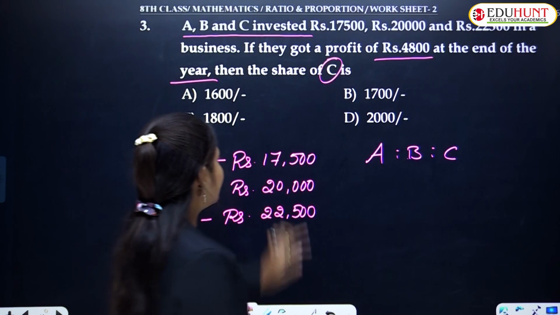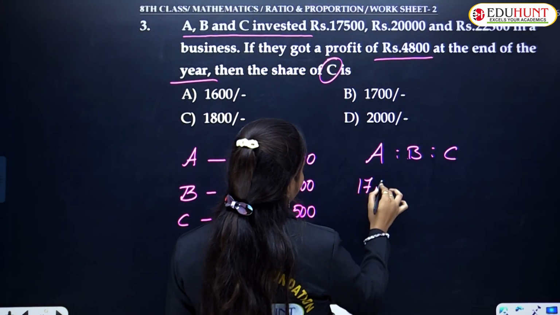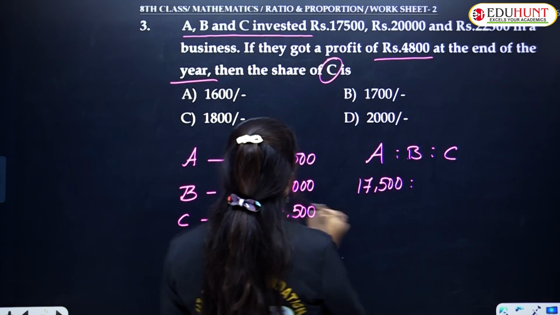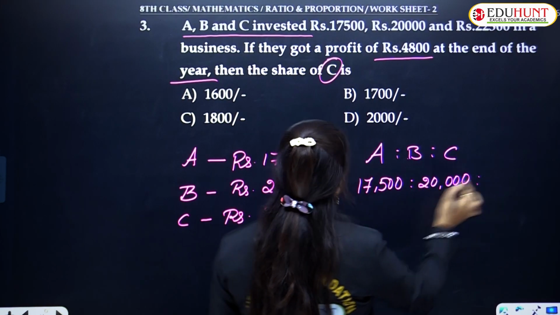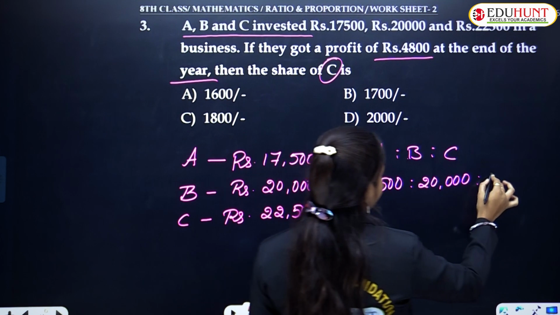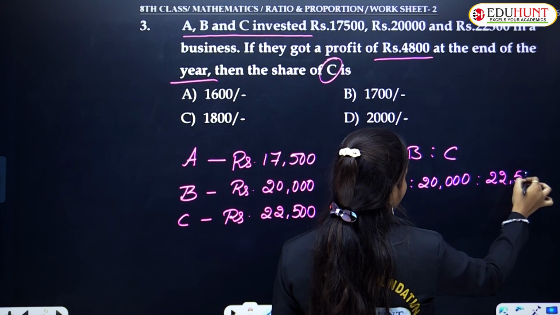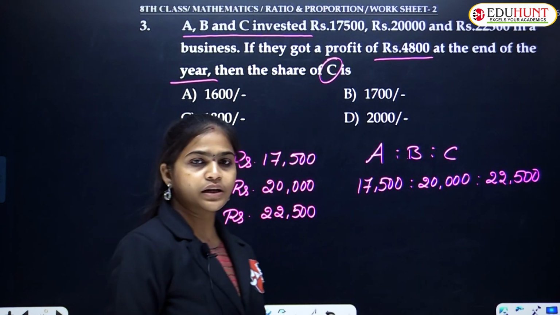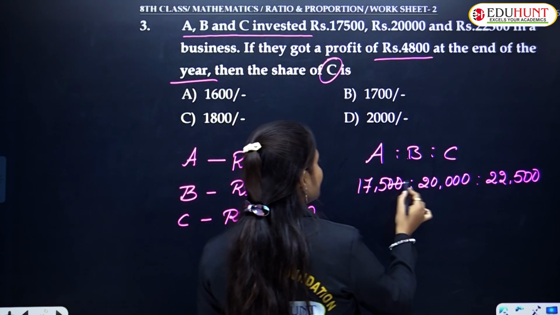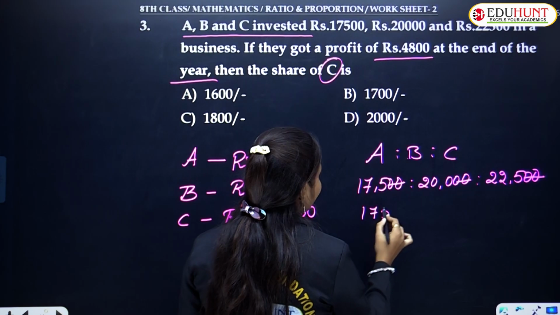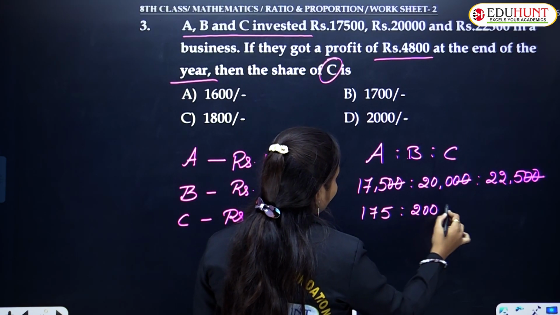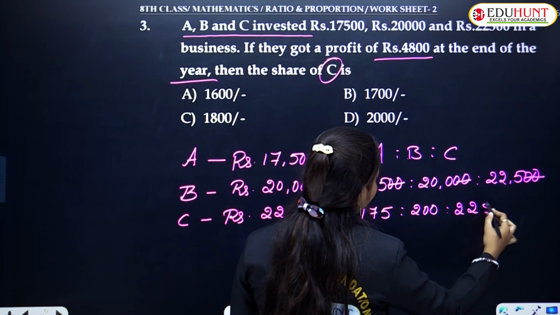So the ratio here: 17,500 is to B is 20,000, C is 22,500. Okay, cancellation: 2 zeros, 2 zeros, 2 zeros get cancelled. 175 is to 200 is to 225.